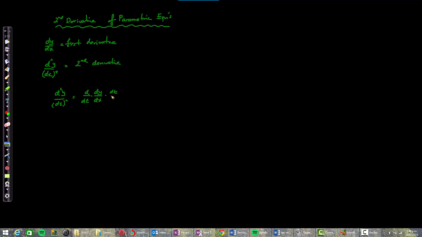So dt over dx. Now if you look at that, the dt's cancel, you get d dy, which is d squared y, and dx times itself, so dx squared.